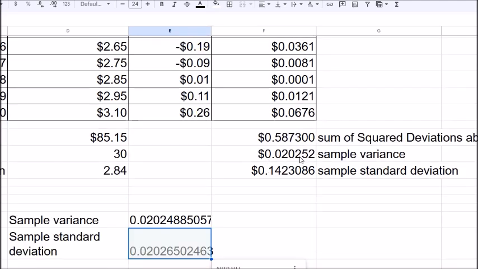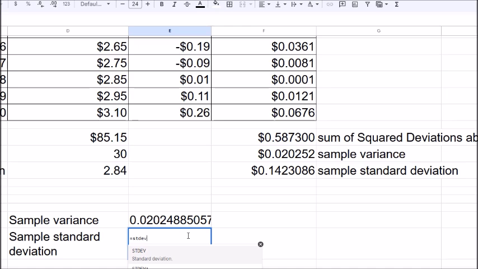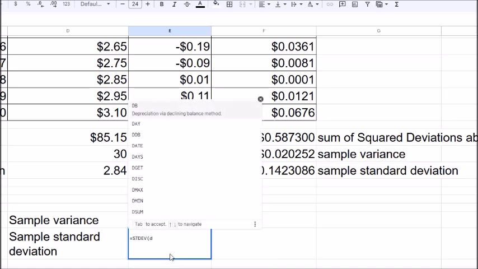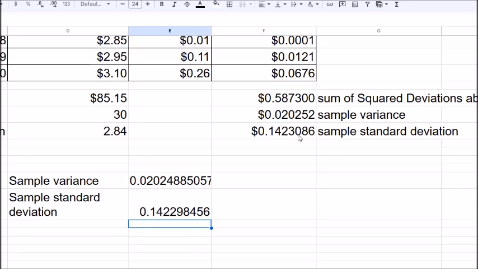And we get exactly the same value. And right here, to get the sample standard deviation, we want STDEV, again D248 to D277. And we get exactly the same value as when we used the formula.